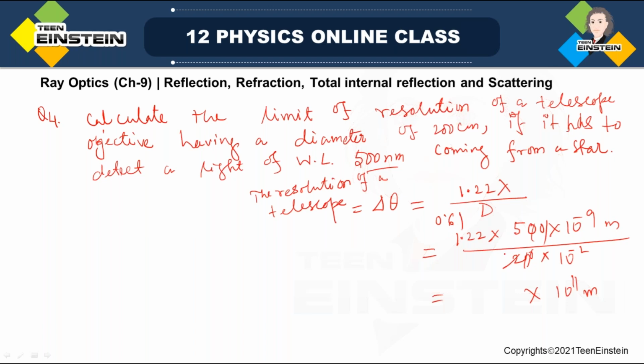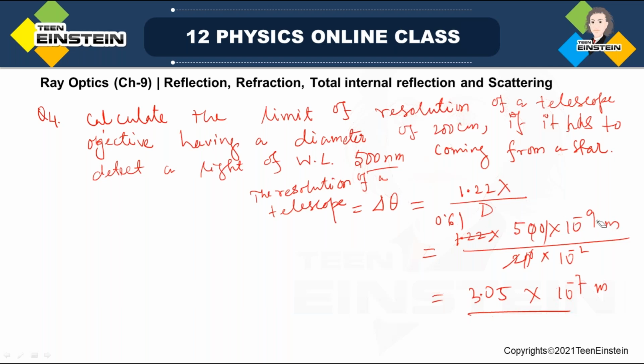If we divide this with 2, then multiply with 5, so this is 3.05. Okay, 3.05 into 10 to the power, not 10 to the power 11. This is actually 10 to the power minus 7. Oh, I'm sorry, this is not even in meter.